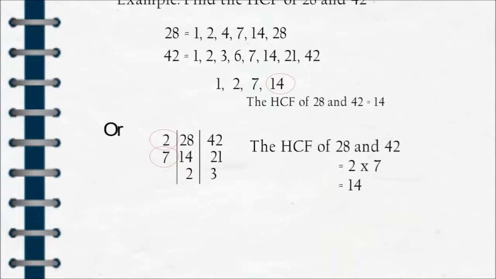Alright, so we can apply the same steps when we come to algebraic terms. Say when we're expected to find the HCF of algebraic terms, we can simply apply the same method that we have used in finding the HCF of numbers.